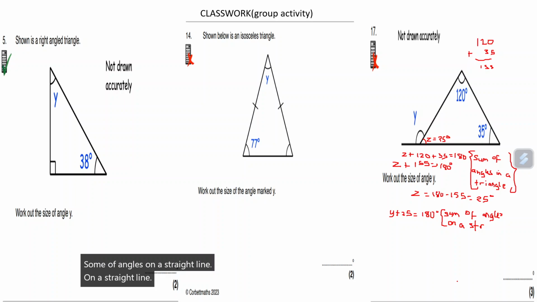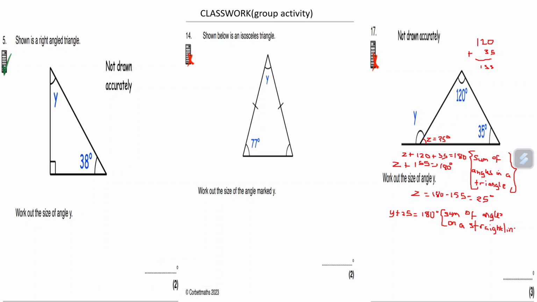Sum of angles on a straight line. So reason, sum of angles on a straight line.